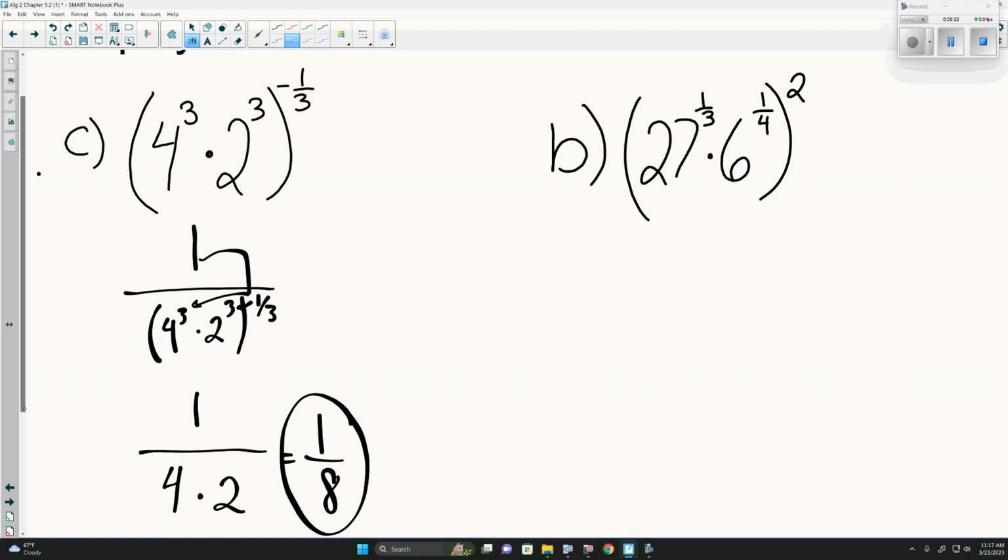Now, if we look at this next one here, 27 to the 1/3, can we simplify 27 to the 1/3? Yeah. What are the factors of 27? So what's one number that goes into 27? 9 and 3.